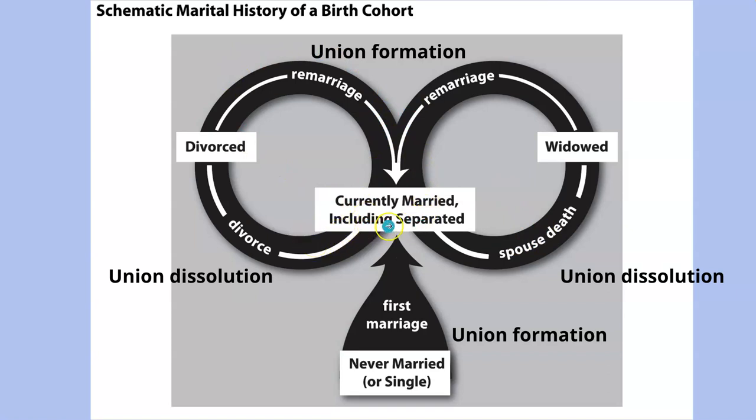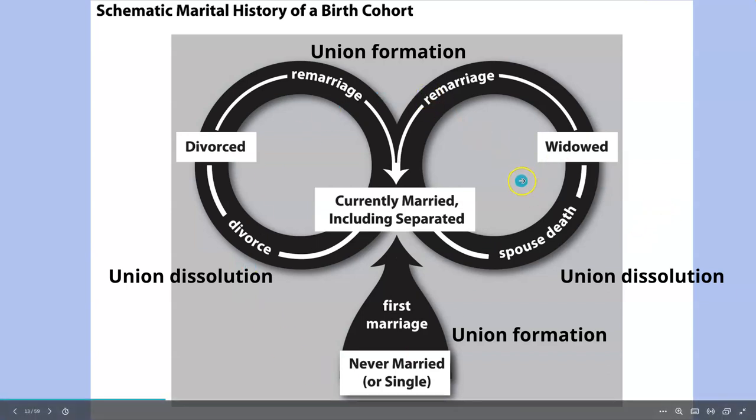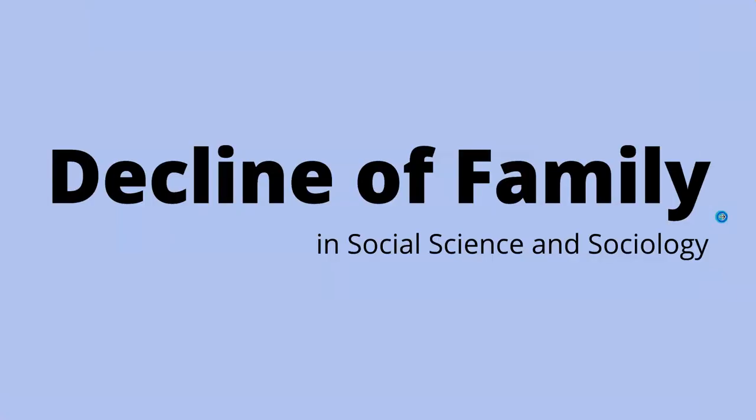It starts as a legal marriage or cohabitation, separates through divorce or widowhood, and then people marry again and again. It would start as a first marriage or first union formation, and may remain as currently married. Divorce or widowhood are a kind of union dissolution, the opposite meaning of union formation. So this is the very basic conceptualization of union formation.